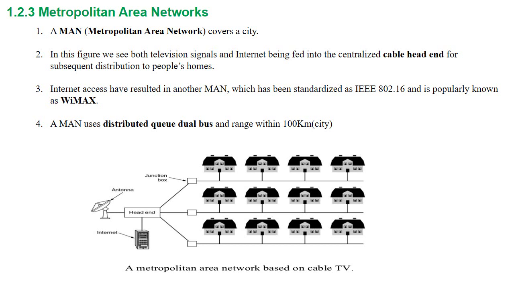So internet access results in another MAN which uses the standard IEEE 802.16, which is called WiMAX. We studied Wi-Fi, now we have studied WiMAX. This uses a distributed dual bus, and the range is 100 kilometers. It is going to cover a city.